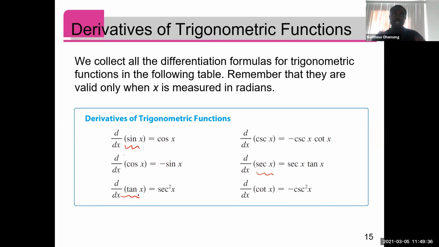Tangent is secant squared, so the derivative of cotangent will be negative cosecant squared. For secant, you have secant x tangent x, so the negative of the co will be negative cosecant x cotangent x. That's what I use. So you have to memorize these 6 rules plus the other 2 limits.